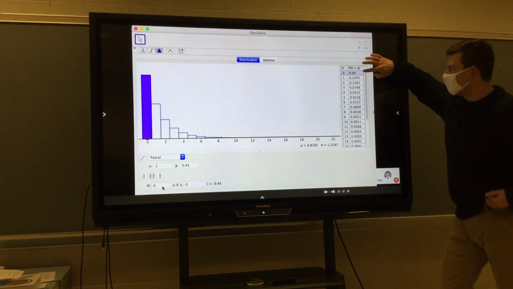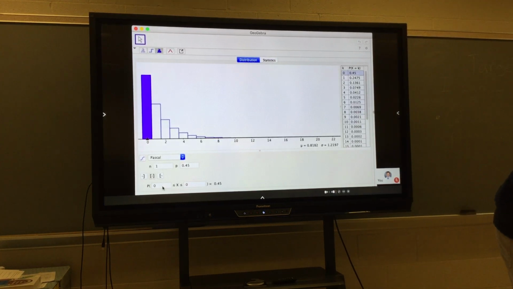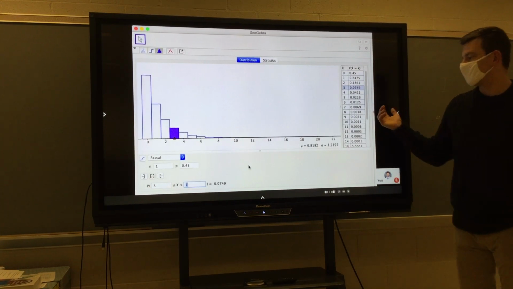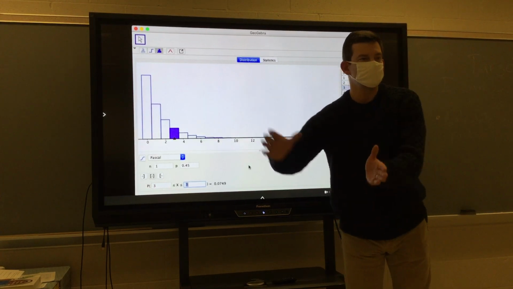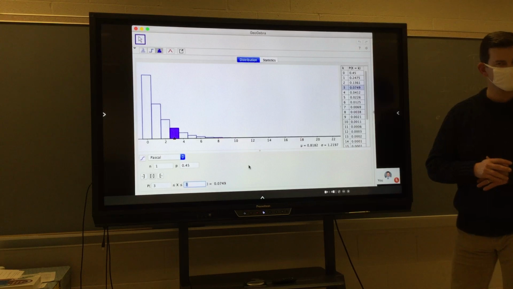And we could go down 1, 2, 3. We had seen a probability of 3 failures. Probability of 3 failures was about 7.5%. That means 3 failures, and then on that 4th attempt, we have our first success.